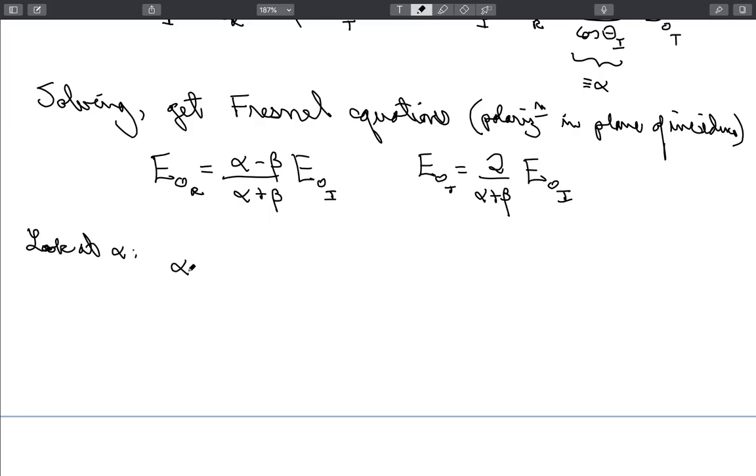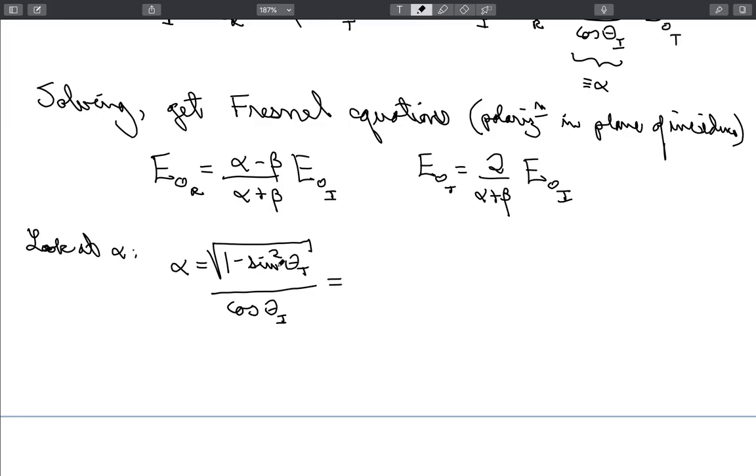Well, we can write it this way because it's cosine. I can just use this identity here, 1 minus sine squared theta t, and then a nice little square root here, and this whole thing divided by the cosine of the incidence angle. I can use the law of refraction to express alpha exclusively in terms of the angle of incidence.